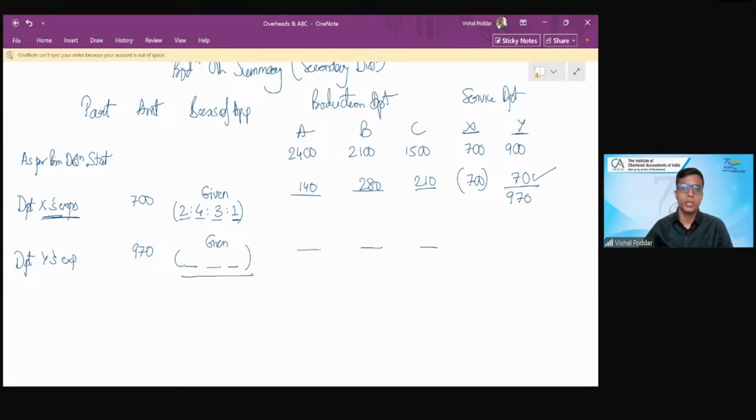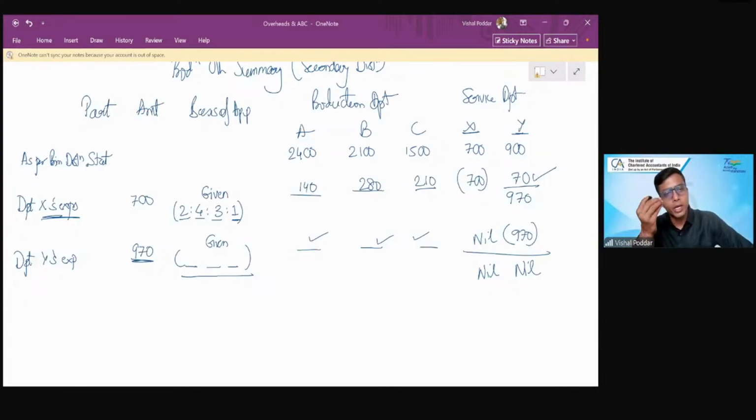That is, I'm apportioning X department expense to Y. But Y department's expense, which is now 970, would get distributed only in these three. Here, nothing would be distributed. 970 is distributed, so negative. So in step ladder, it would have become nil at this stage, and X has given its share to Y, but Y is not giving to X. So this is how your step ladder would have appeared had this been the step ladder case.